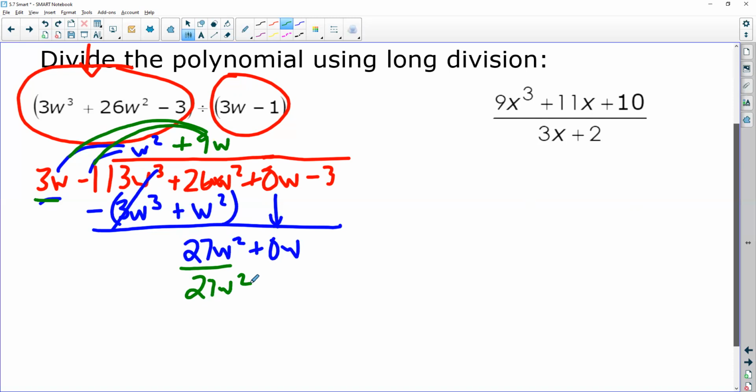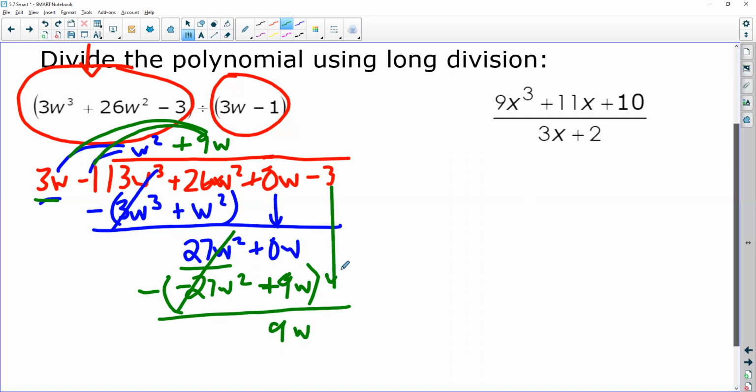And then 9w times negative 1 is minus 9w. All right, just like before, put it in parentheses, subtract. Here comes subtraction, that comes plus. So 27's cancel. It becomes 9w. Bring down the 3, negative 3.